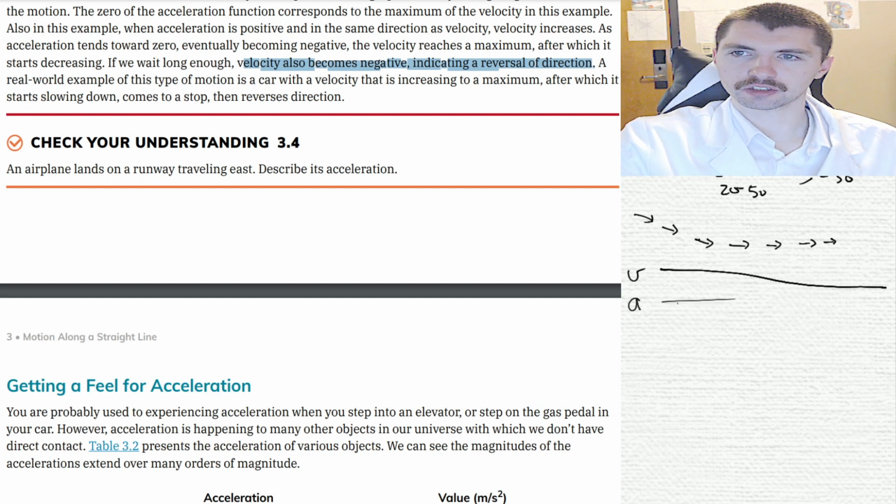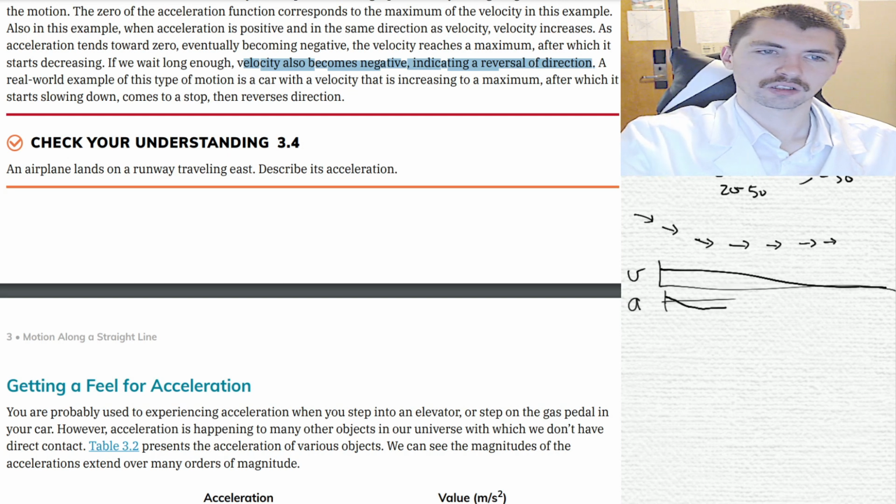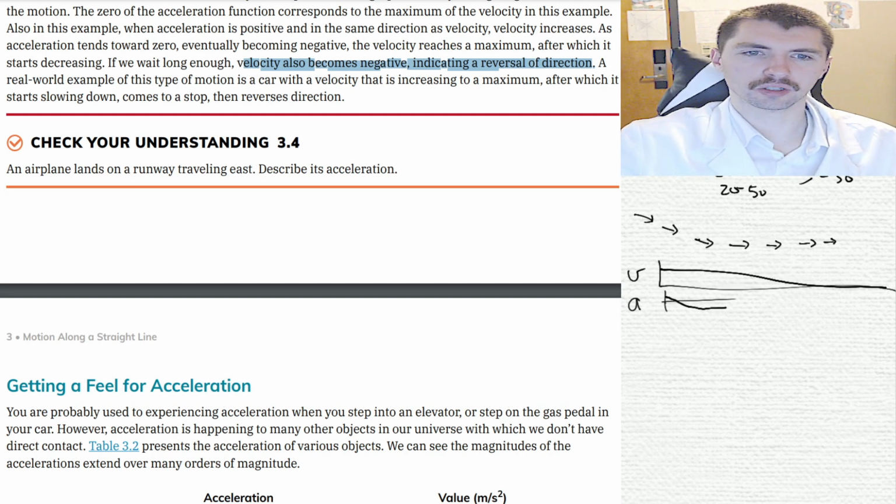So acceleration, I think it would be something like this. Might not be totally accurate.